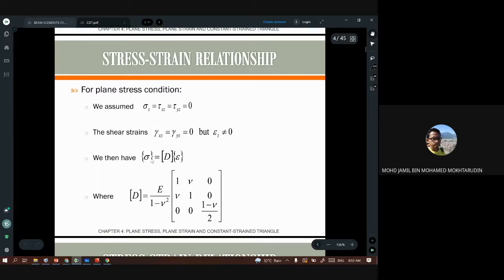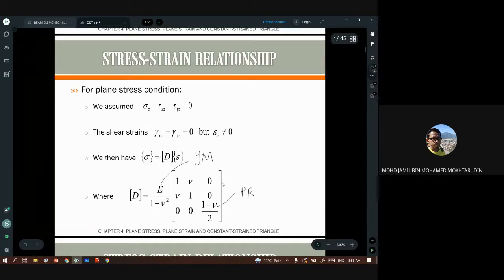Sigma is stress, epsilon is strain, and D is the linearity constant, or we call it the stiffness matrix. D for plane stress is given by E over 1 minus V squared times this matrix. E is the Young's modulus, and V is the Poisson ratio.